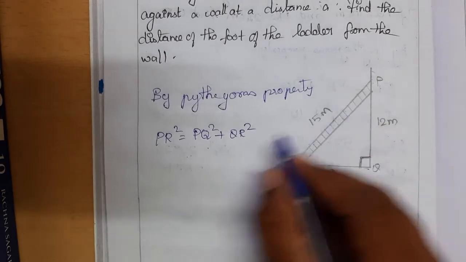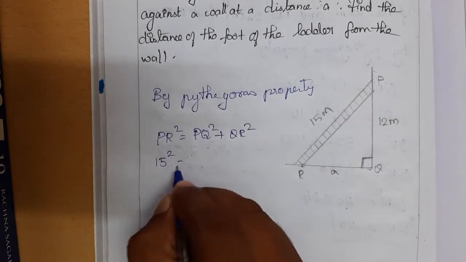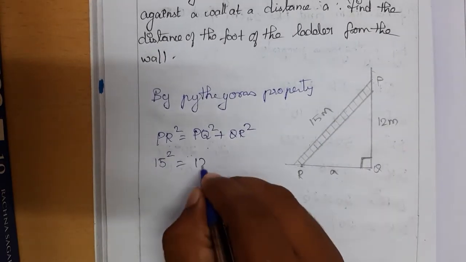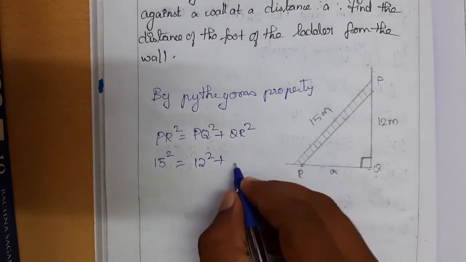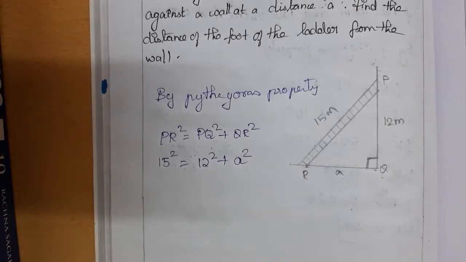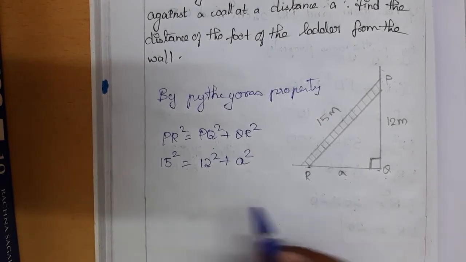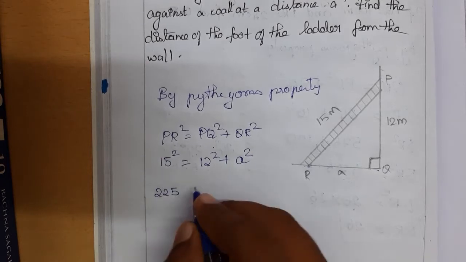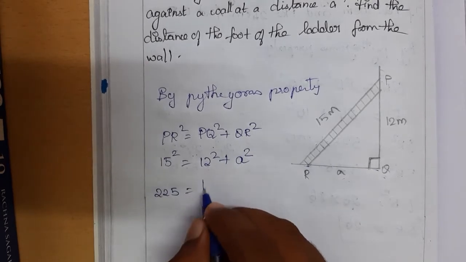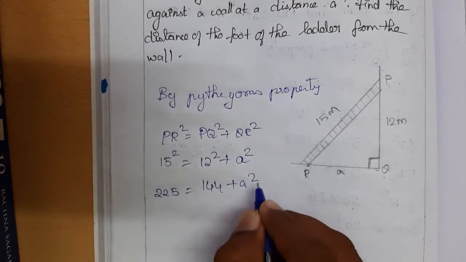So PR square is 15 square, equal to PQ, which is 12 square, plus QR, which we don't know and have to find. It is given as A, so let it be A square. 15 square we can say is 225. 15 square means 15 into 15 is 225. 12 square is 12 into 12 is 144, plus A square.